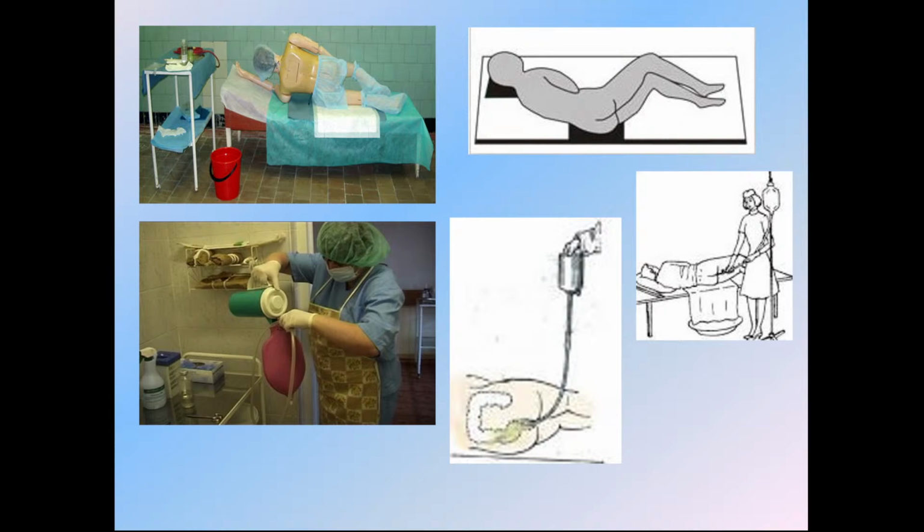When all the prepared water is introduced, we'll carefully remove the tube from the intestine and ask the patient to lie 20-30 minutes so that the water dilutes feces and stimulates intestine motility. Then the patient can go to the toilet, or we put a bedpan under his buttock to remove the intestine content.